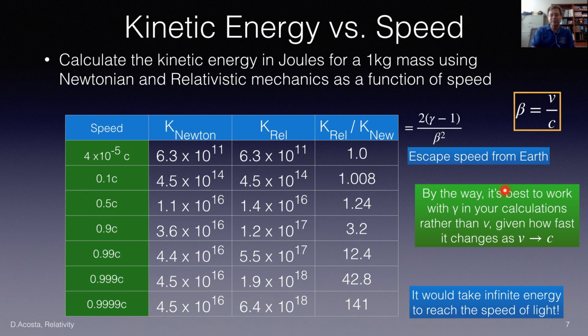It's better in your equations, in your calculations, to work directly with the factor gamma. Gamma is 1 over the square root of 1 minus v squared over c squared. And using that instead of v will be much more kind on your use of significant digits in the calculator. Write your expression in terms of gamma, and so you just have to calculate gamma rather than working with v.